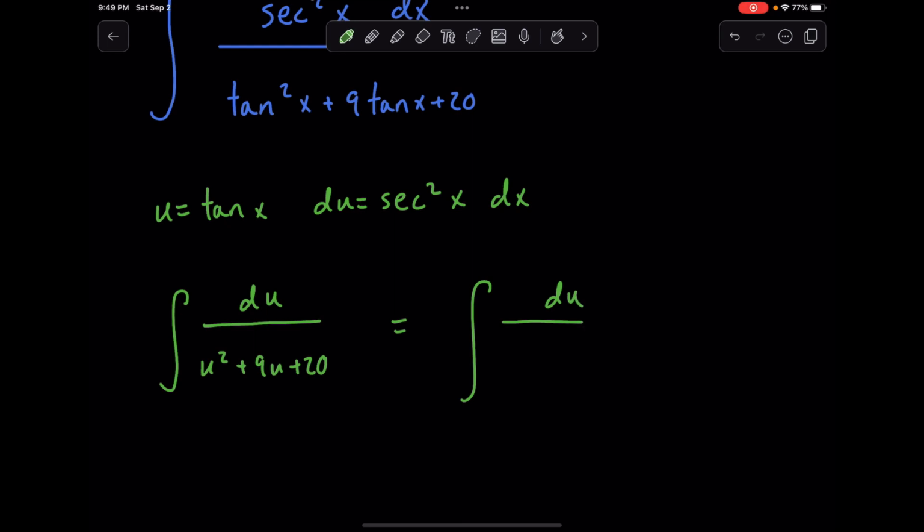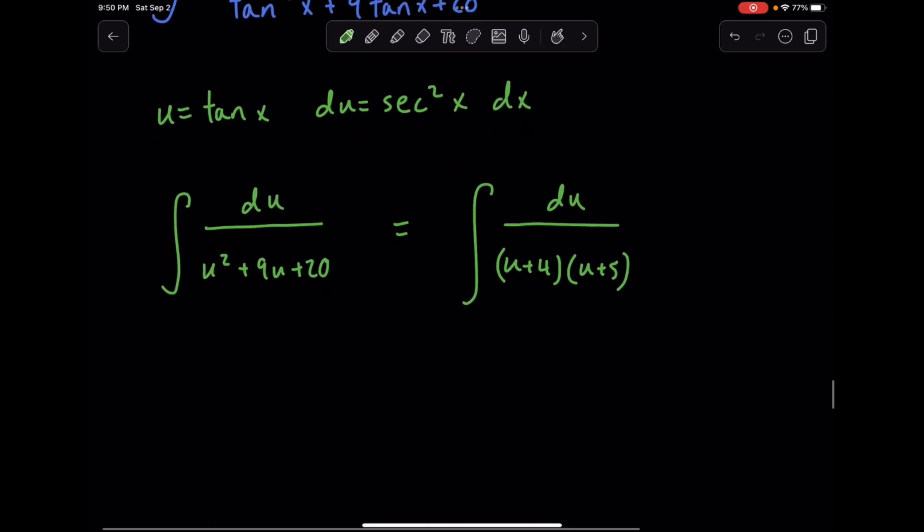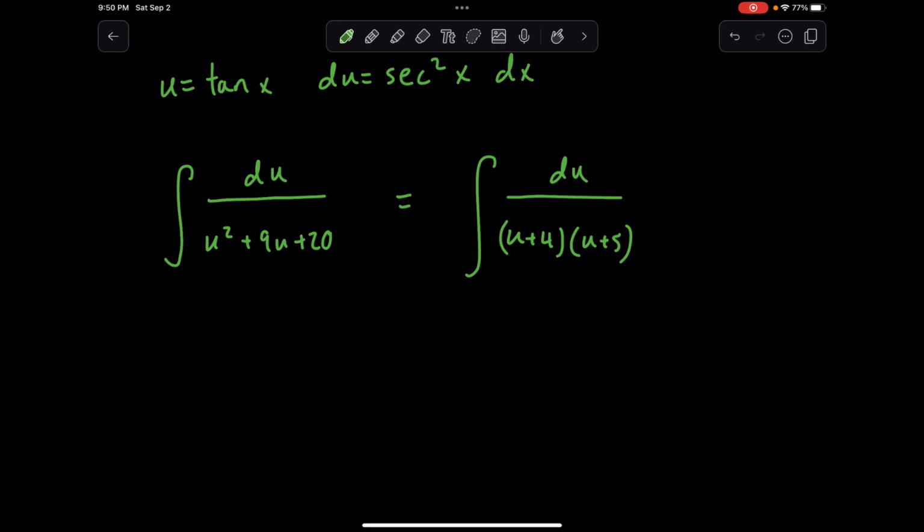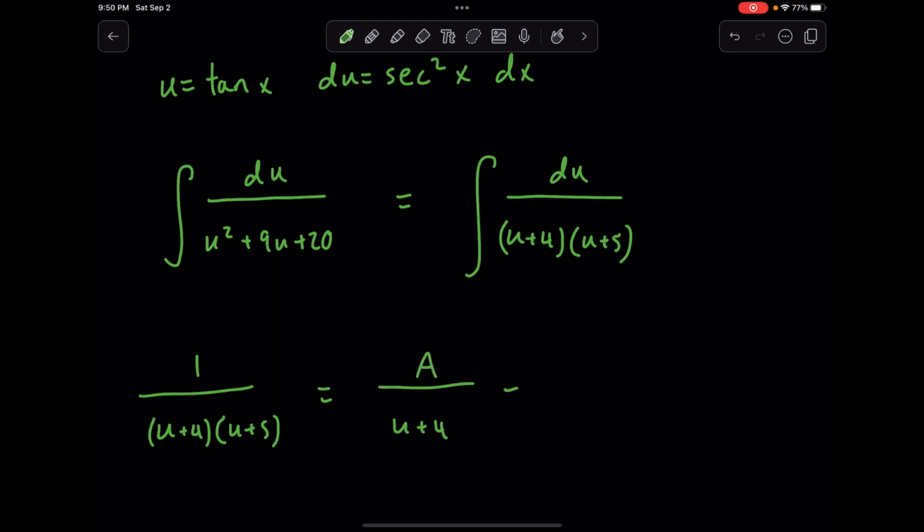And that will leave us with du over u plus 4 times u plus 5. So now this is starting to look like a partial fraction question. And we can say that 1 over u plus 4 times u plus 5 is equal to a over u plus 4 plus b over u plus 5. And now we've split the fraction.